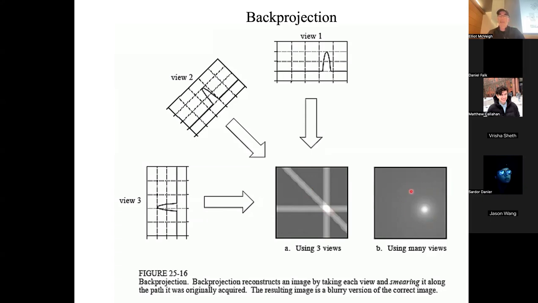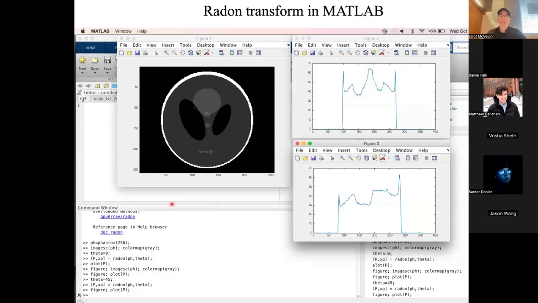And the final image looks like this. There's a couple of things that are wrong in this picture. One is there's a smoky background that isn't there, right? That shouldn't be there. Also, the disk itself isn't just a nice circle with a constant amplitude. It's some kind of blurred peak, right? And so those are the two things that are getting in the way of this simple back projection working.